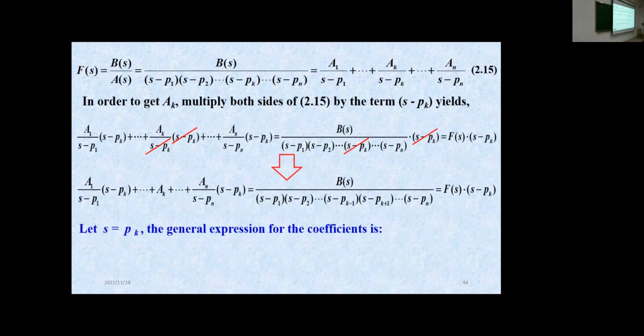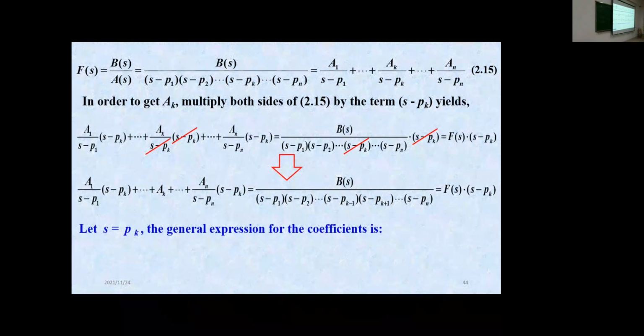If at this time we get this equation, we let s equal to pk, then this other term no longer exists. And this is zero.